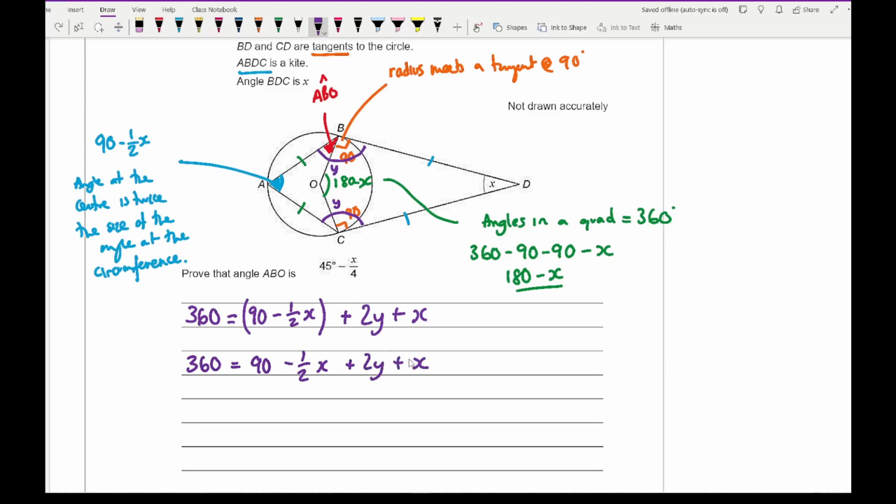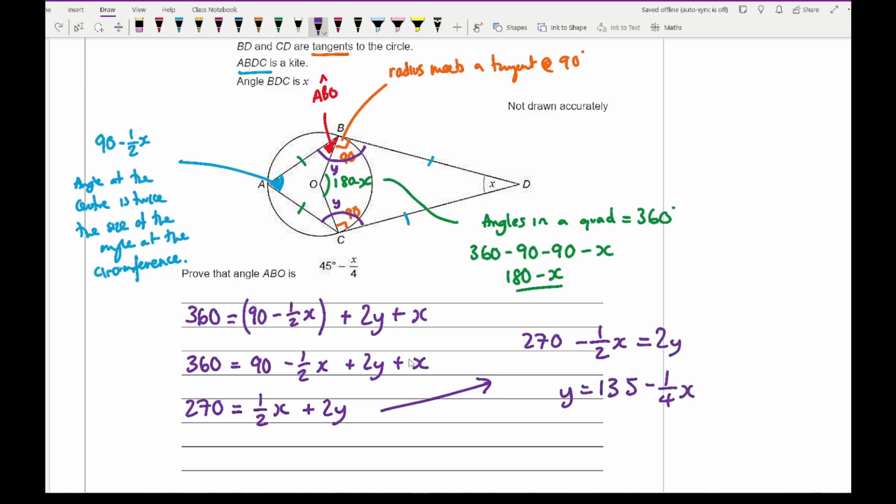So then we've got 270 equals a half x plus 2y. From that, 270 minus a half x equals 2y. So y is going to equal 135 minus a quarter x.